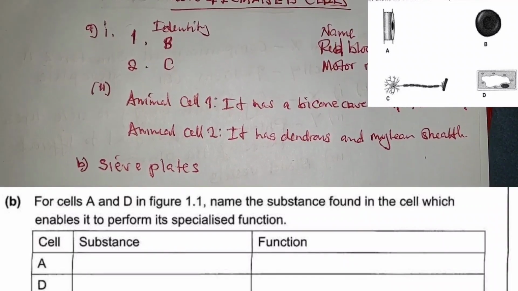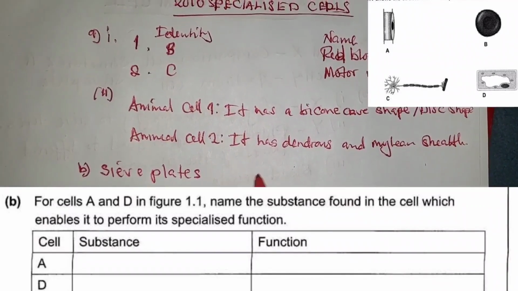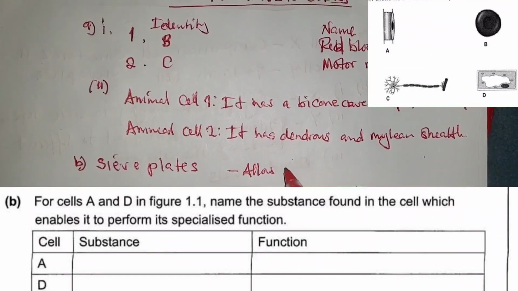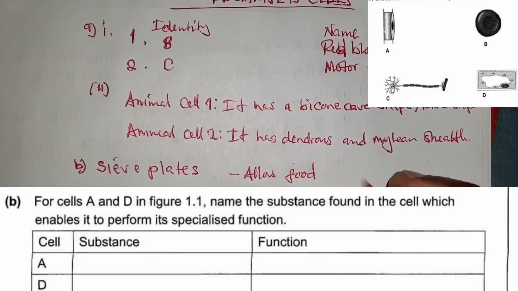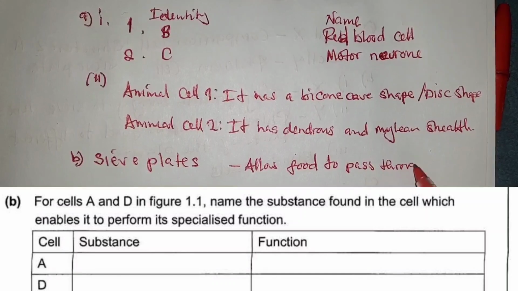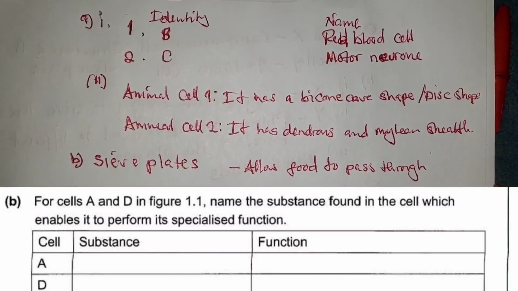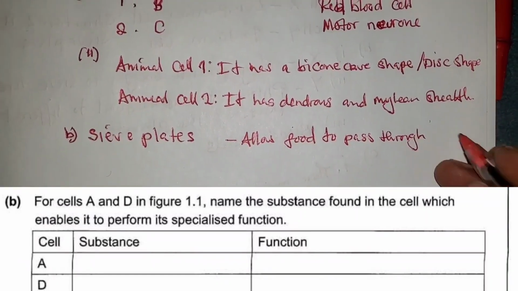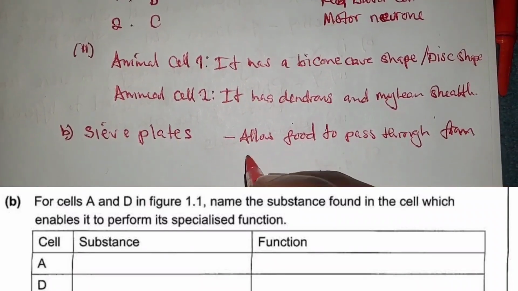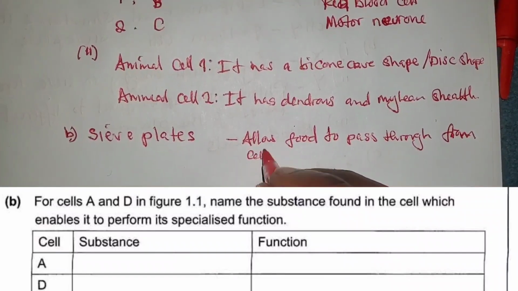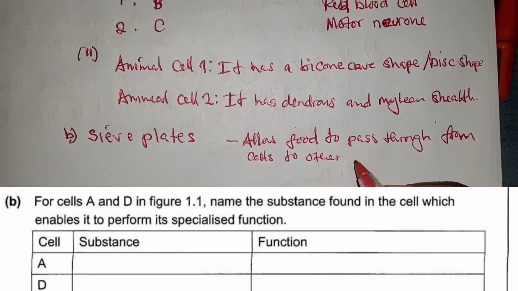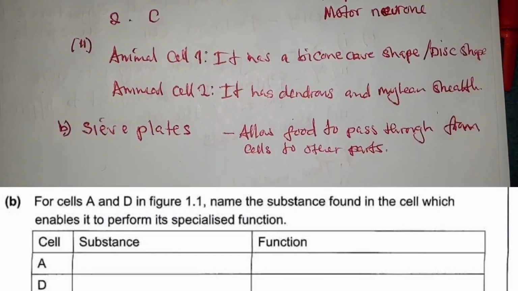Then the other side, the function. So you have a substance, sieve plates. The function here: sieve plates allow food to pass through from cells to other parts of the plant.